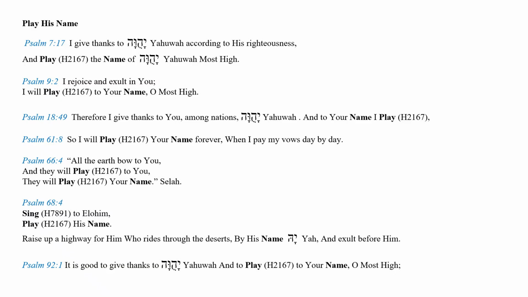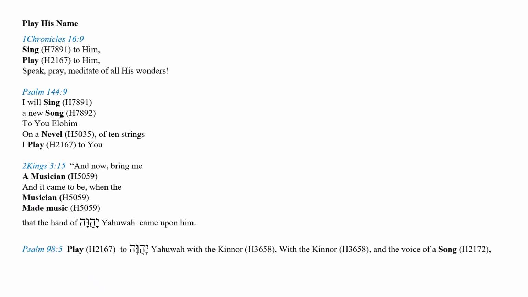Sing to Elohim, play his name, raise up a highway for him who rides through the deserts. By his name, Yah, and exalt before him. It is good to give thanks to Yahuwah and to play to your name, O Most High. Sing to him, play to him, speak, pray, meditate of all his wonders. I will sing a new song to you, Elohim.